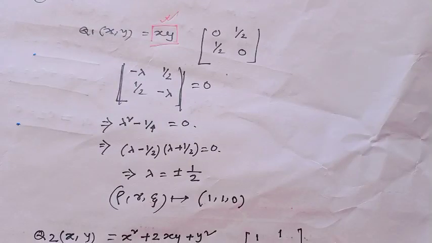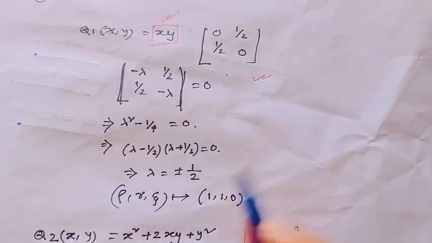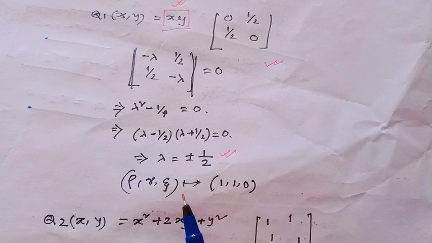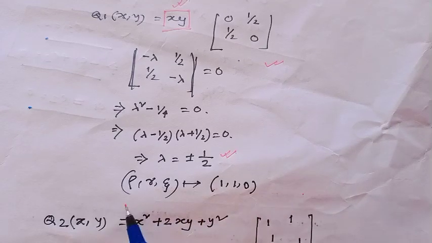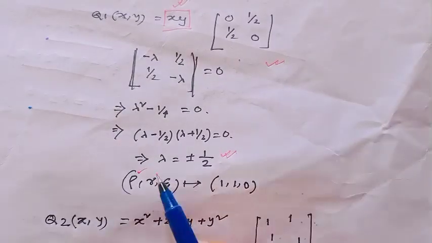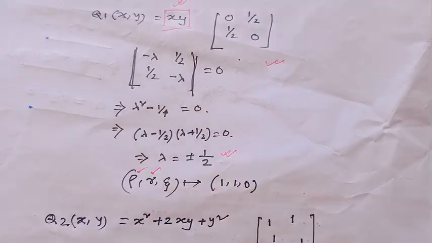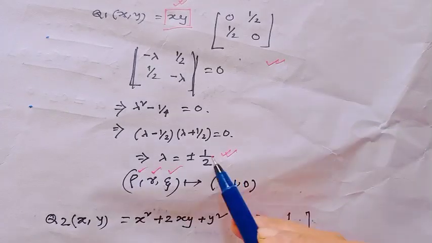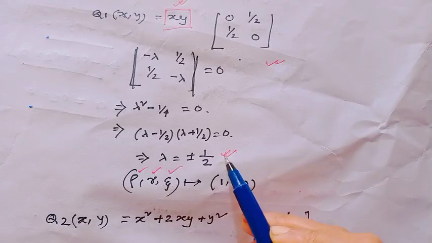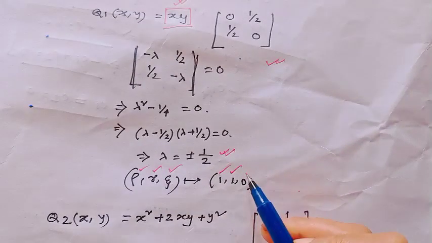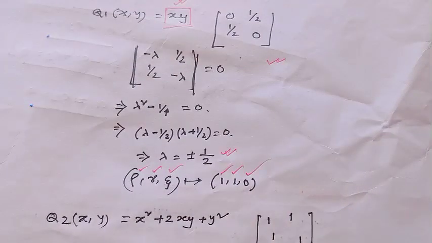And notice the eigenvalues of this matrix are plus minus half. Now I will find the inertia rho, sigma, chi, where rho is the number of positive eigenvalues, sigma is the number of negative eigenvalues and chi is the number of zero eigenvalues. Notice here one positive eigenvalue and one negative eigenvalue. So this is 1, 1, and there exists no zero eigenvalue. So this is 0.